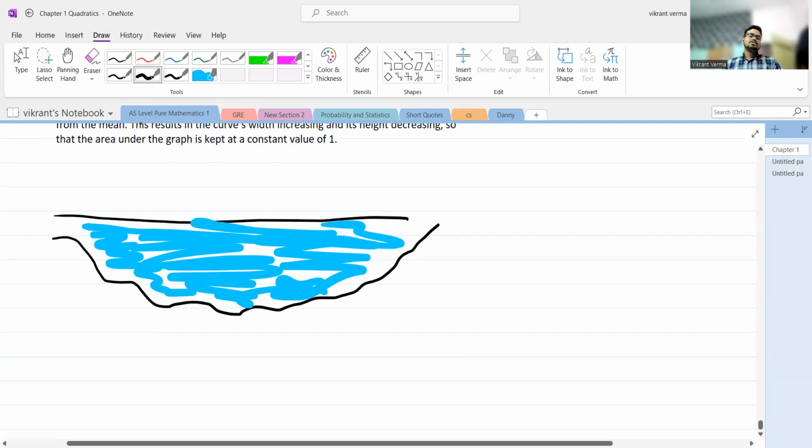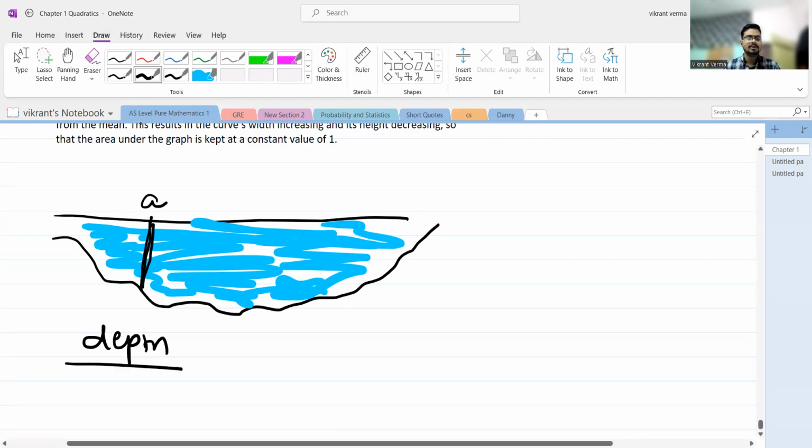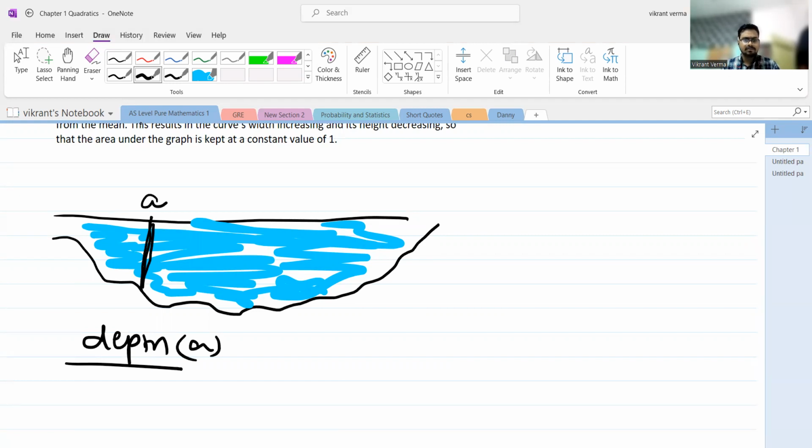At any particular point, for example if I consider this point as A, I can measure this vertical distance, and this vertical distance represents the depth at point A. It is very clear that this value of the depth will take continuous values, because the point can move in either direction and the depth will vary.